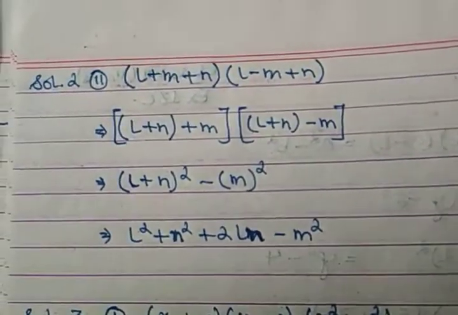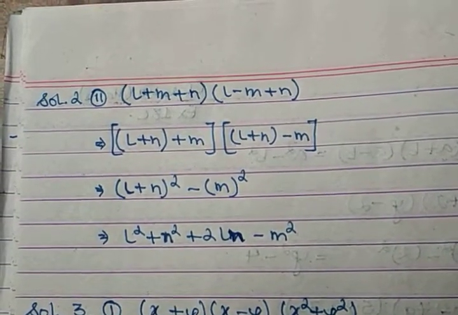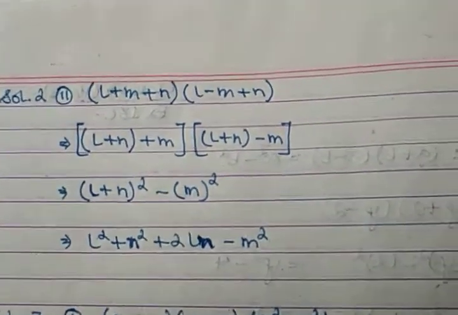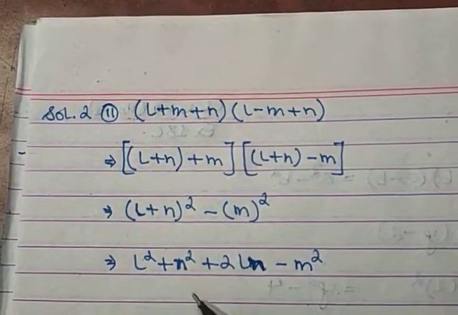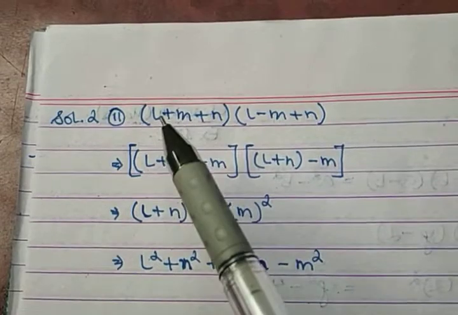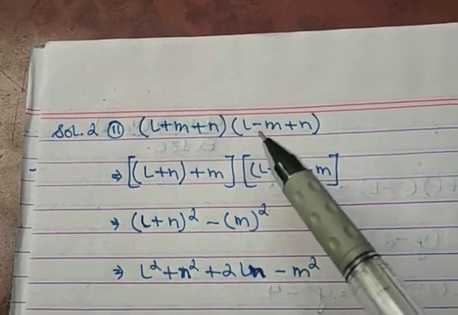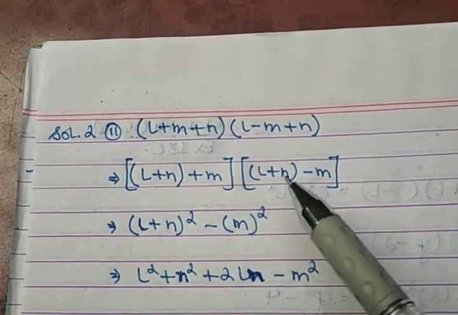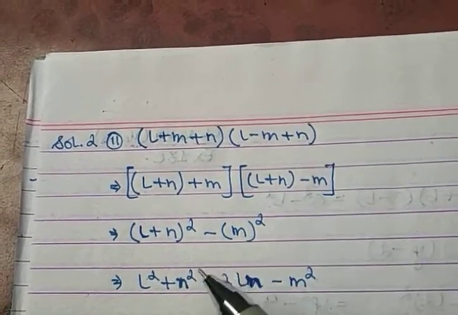What I see here is l plus m plus n, l minus m plus n. What have I done here? I have simply arranged the terms. This m had a plus sign, this m had a minus sign. You cannot just directly use l plus n within the bracket, because if you use the bracket, then the sign of n must change, isn't it?